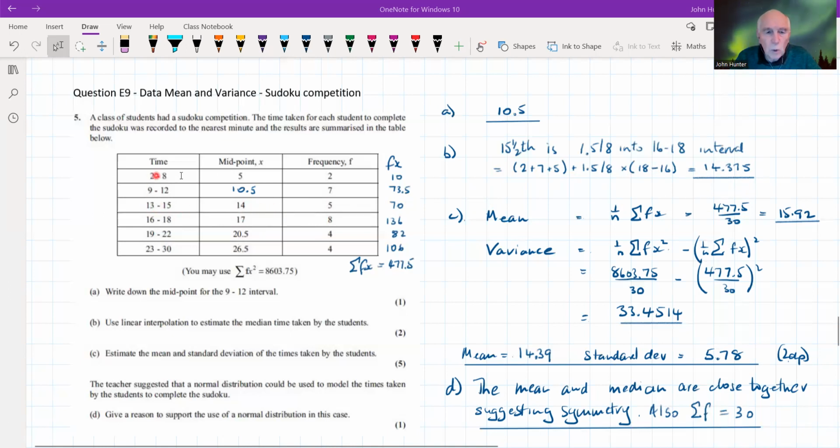Now, there are one or two assumptions there which perhaps are not quite right. If we assume that all these are evenly spread throughout, then the lowest one in this group here is not actually going to sit on 16, which is what we've assumed here. It's going to be a little bit higher than that. But at the end of the day, it says estimate the median time.